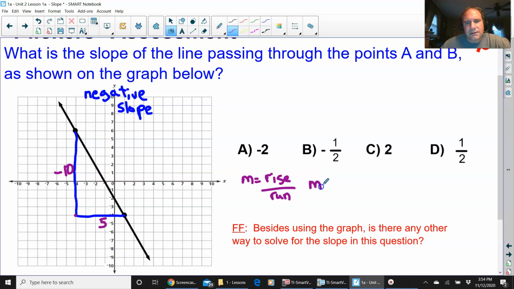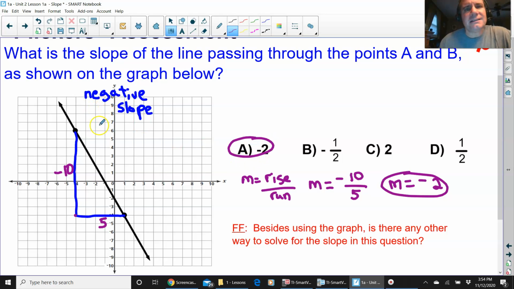My rise over run, this is a negative slope, -10. This is my rise, the -10. The run is a +5 because I went to the right. If you put -10 divided by 5 in the calculator, you will get -2, and that is your answer.